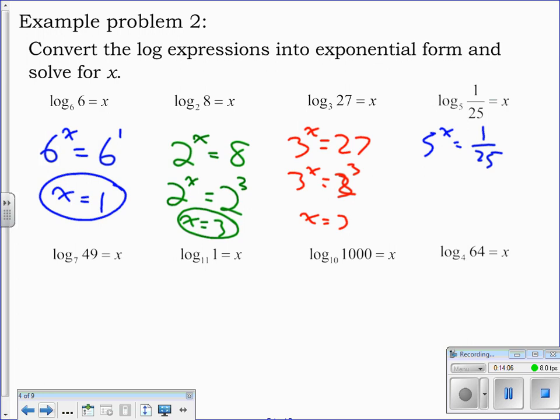Okay, so this is a little more difficult, but it's still doable. Okay, 25 is 5 to what power? 5 squared. So 5 to the x is actually equal to 1 over 5 squared. But I don't want 1 over 5 squared. I want 5 to some power, right? So that means 5 to the x is equal to 5 to the negative 2. Move it up in the numerator, change the sign. So x equals negative 2.